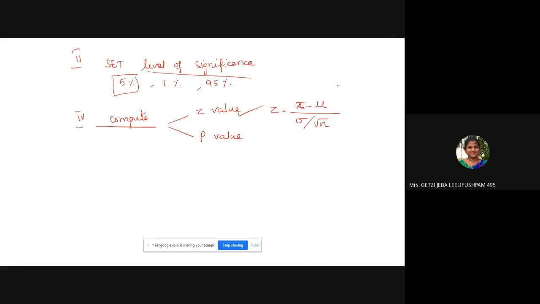For example, the total number of accidents per day in India is said to be 100. But a claim was made that it is 120.